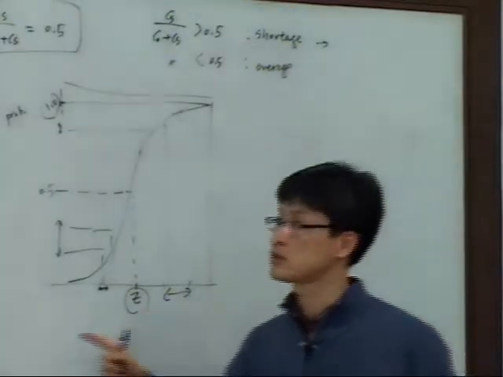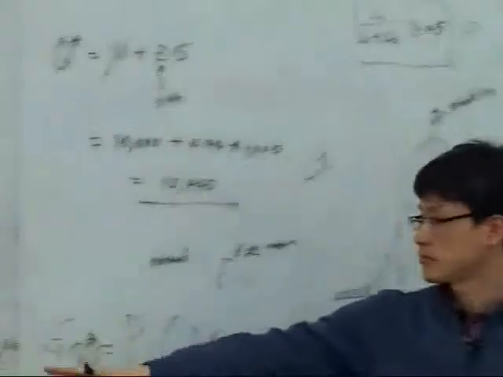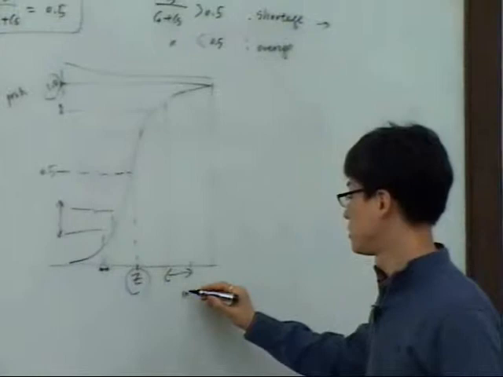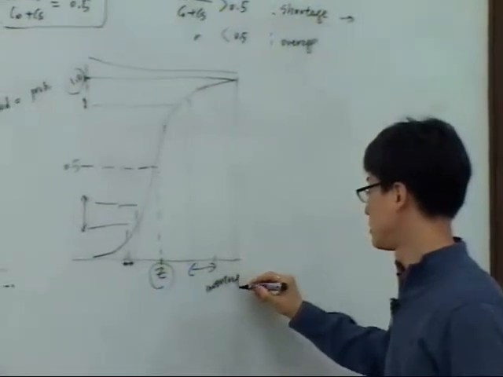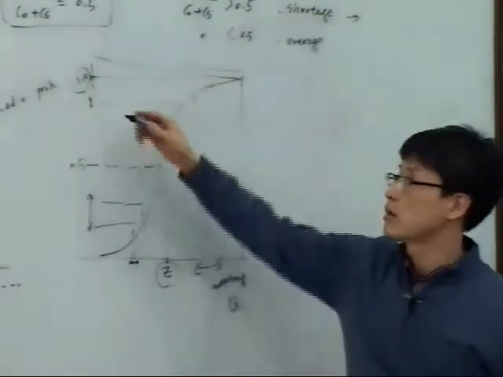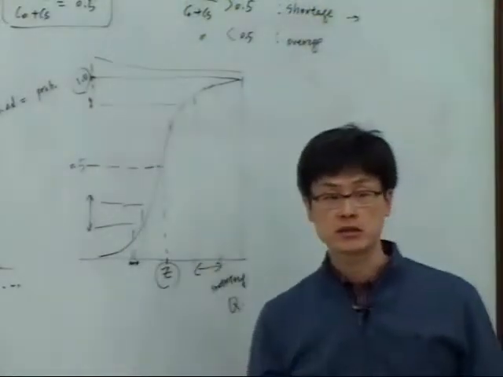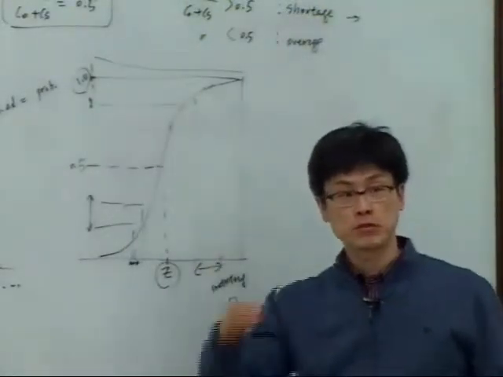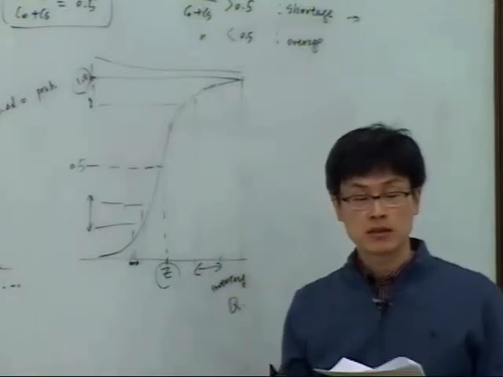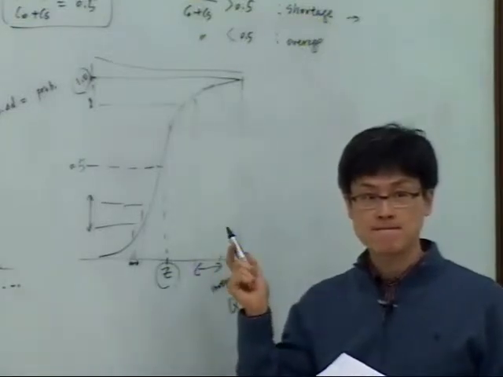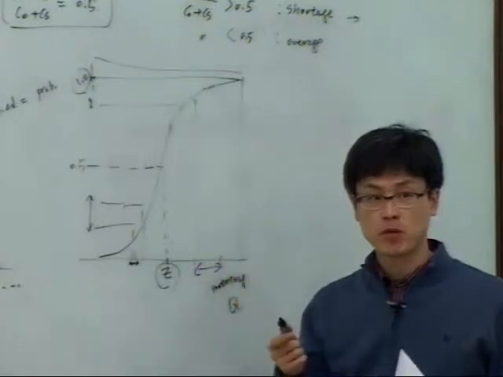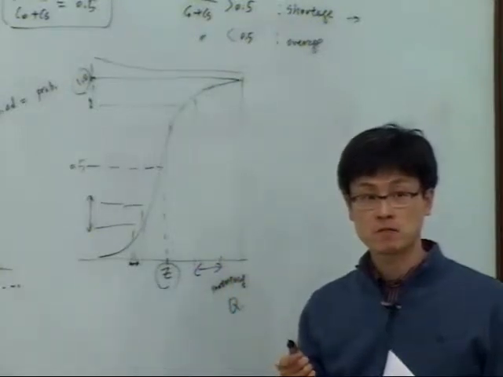Because G is related like that. And what does this variability in y-axis mean? The probability of having what?